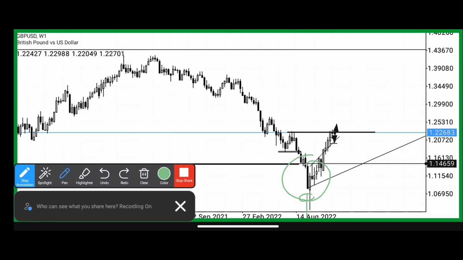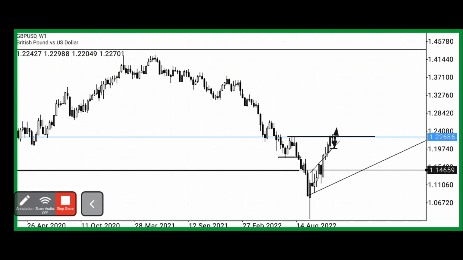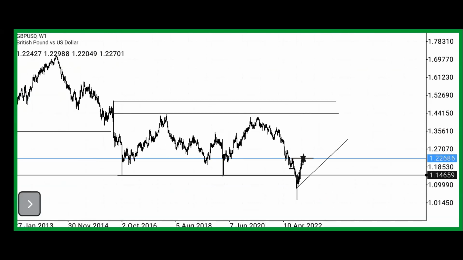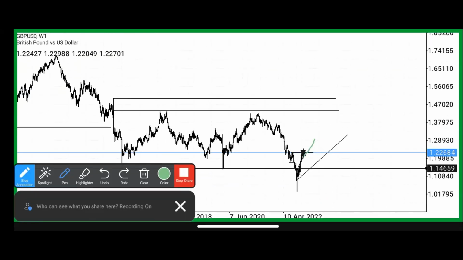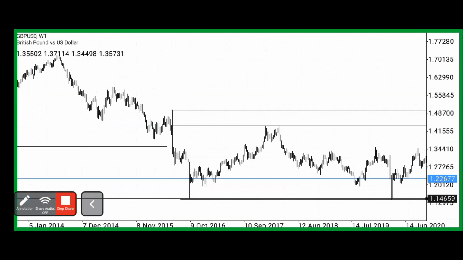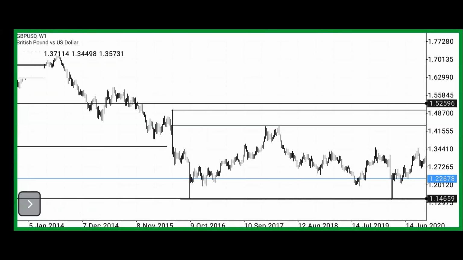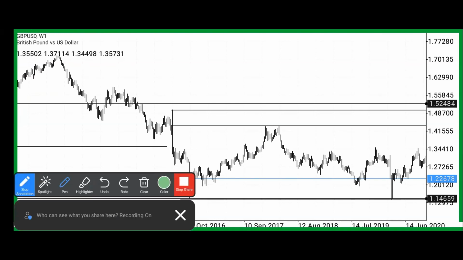This is just a weak rejection. So actually, I'm expecting price to continue buying and grab this liquidity here before the sell. But I think there is a zone here which price is to get to.